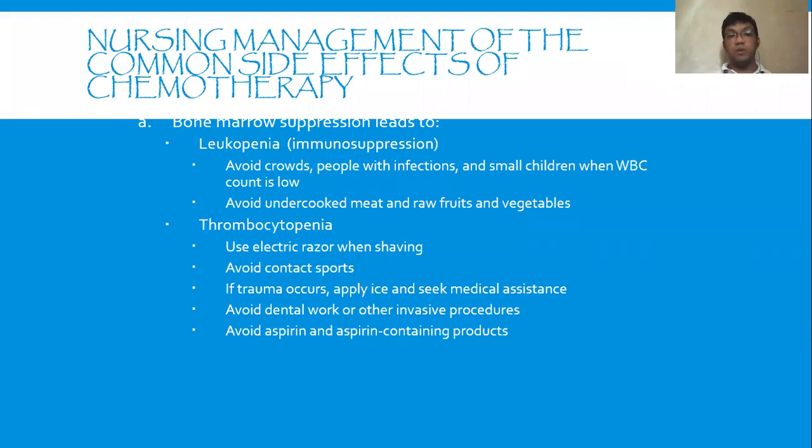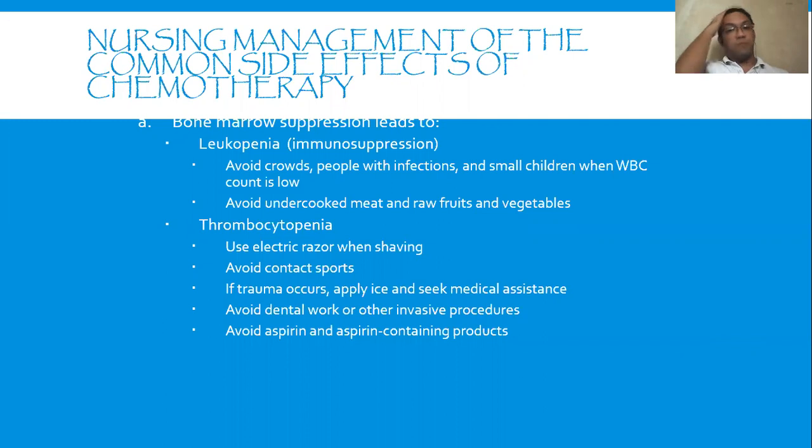Now, next we go to thrombocytopenia. So what happens here is that the thrombocyte count is lowered as well. So if the thrombocyte count is decreased, the patient will be prone to bleeding tendencies.